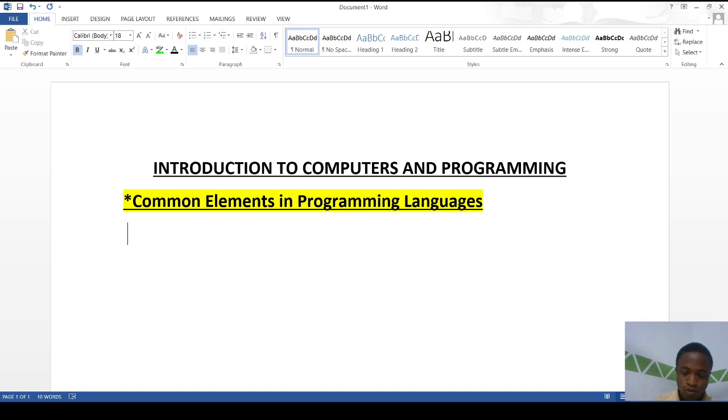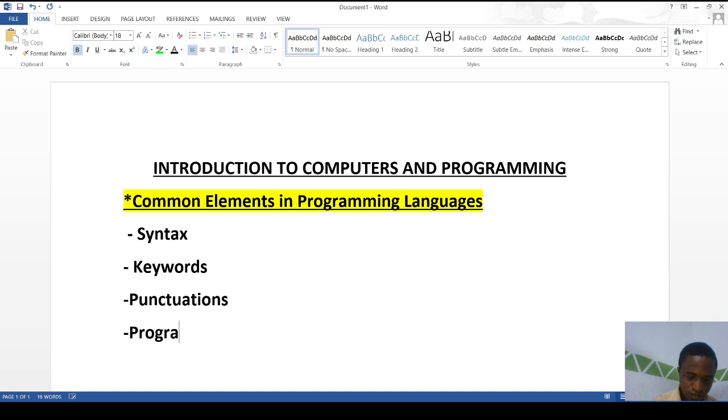So we want to group this into 5 major types. When you do research, there are a lot of them, but we want to group them into 5 major types, where we have our syntax, we have our keywords, and then we have the punctuation, and the programmer-defined identifier.